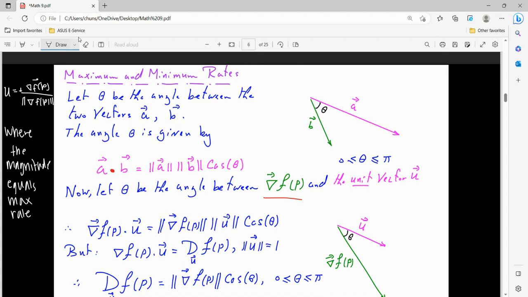And on that same note, if we want the minimum rate, this would be represented by the unit vector of negative of our gradient function over the magnitude.